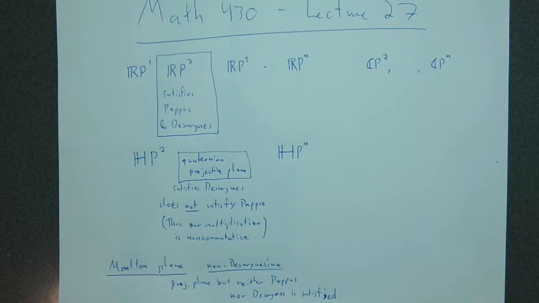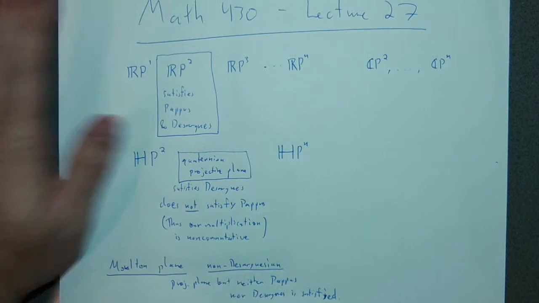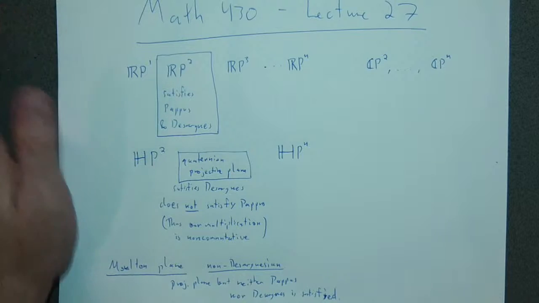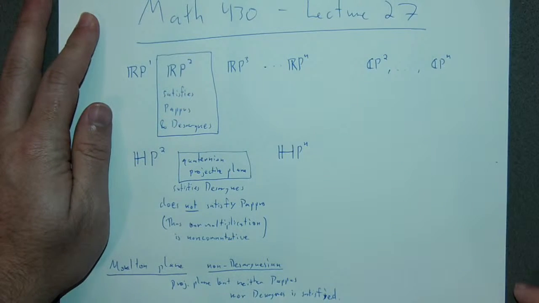For that reason. Okay. But actually, there's kind of a more natural construction of a non-Desarguesian plane, even though this works perfectly fine. So there is what's called the Octonion projective plane.